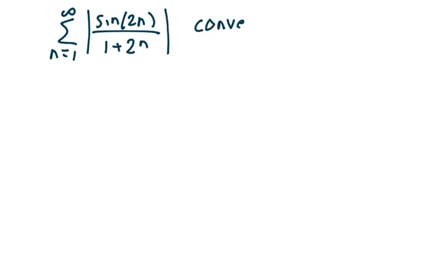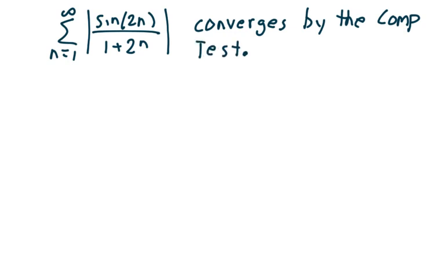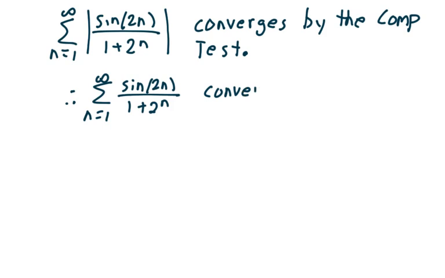This converges by the comparison test. So, therefore, what do you know about the summation from n equals 1 to infinity of sine of 2n over 1 plus 2 to the n? This converges by theorem.